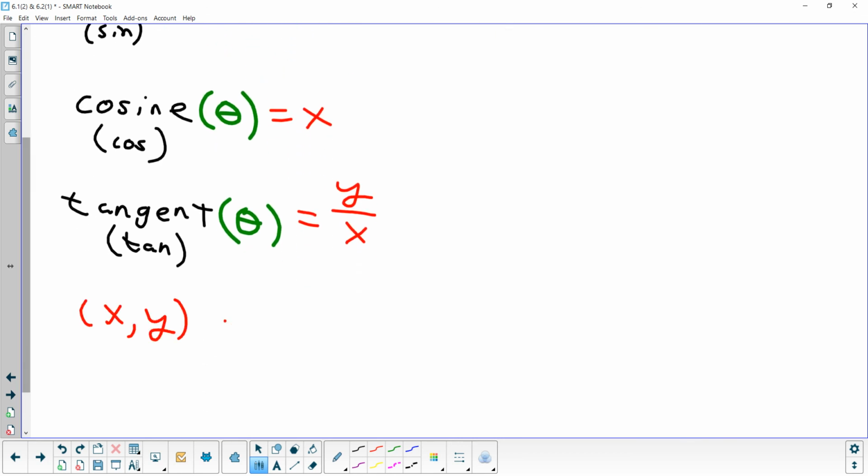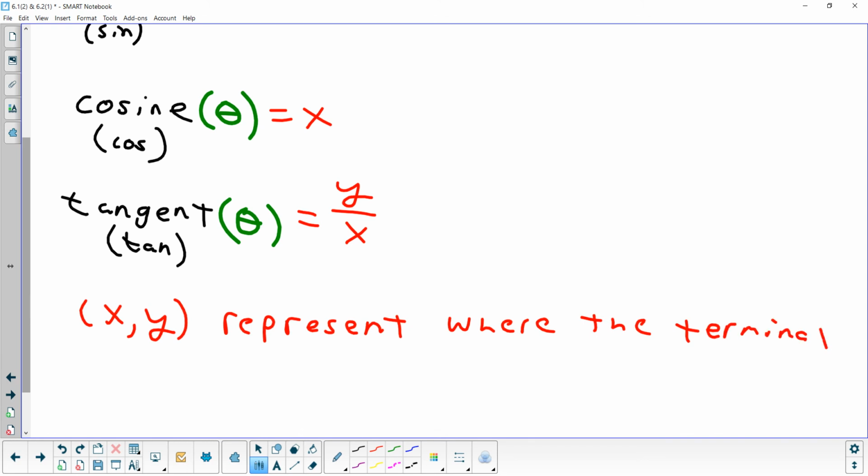X comma y represents where the terminal side hits the circle. Okay, you wrote that on the previous page. I'm just writing it again. So xy is the location where the terminal side hits the circle when you draw your angle.